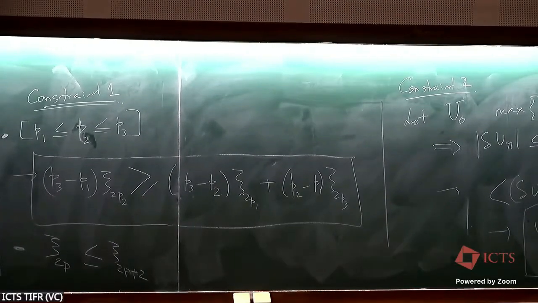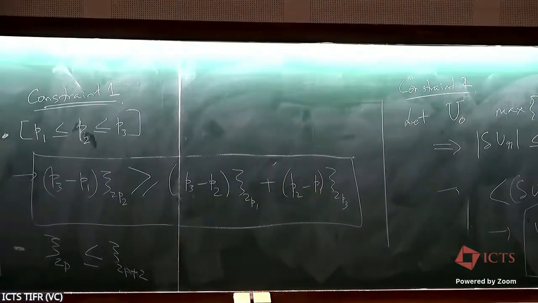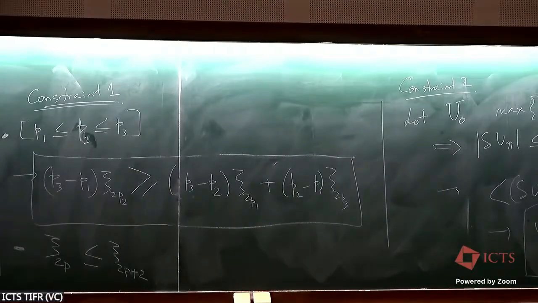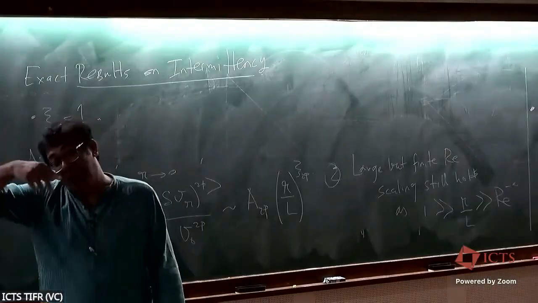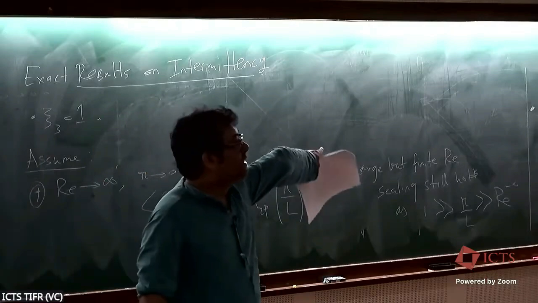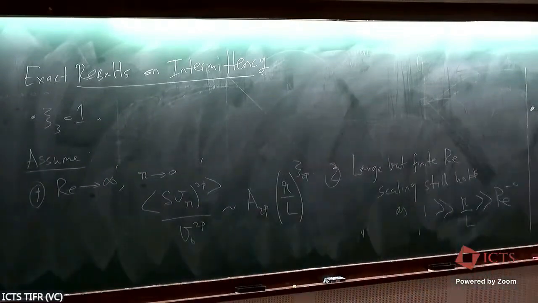I'm not saying they will be, but the second constraint, which really is a restatement of the finiteness of kinetic energy or the finiteness of the velocity field, also allows us to think about theories where this happens. So if from your experiments, or more likely from your numerical data, you end up seeing this saturation, that certainly is not going to violate the two constraints that we have discussed. Okay?